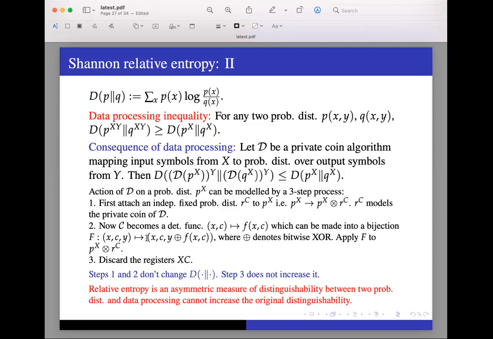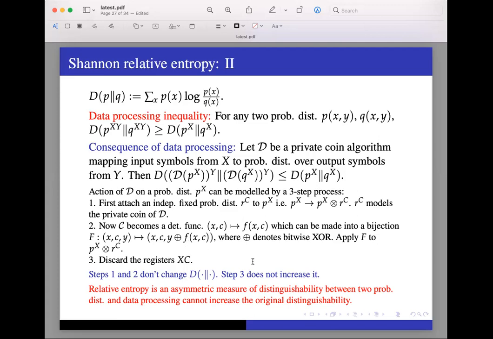Now the function capital F maps it to this quantity Y XOR f of X comma C, where XOR denotes the bitwise XOR. Remember, f of X comma C is supported on the alphabet Y, so it's a bit string of the same length as Y, so you can do the bitwise XOR.